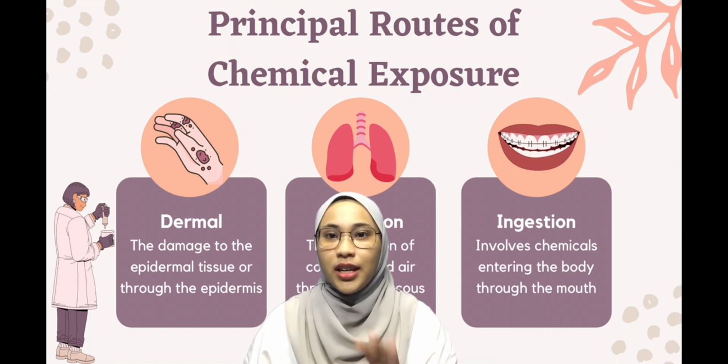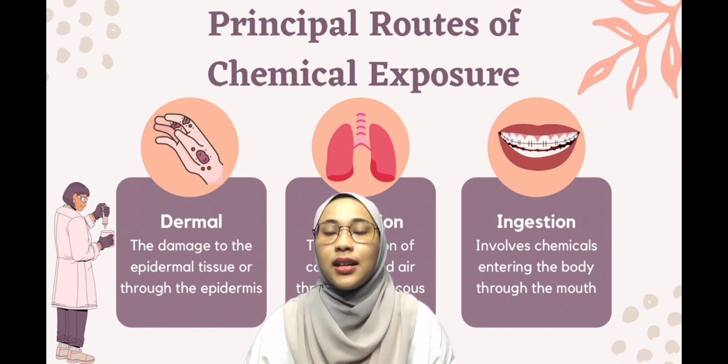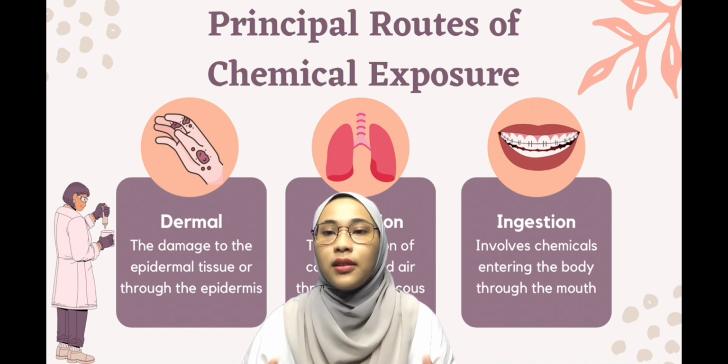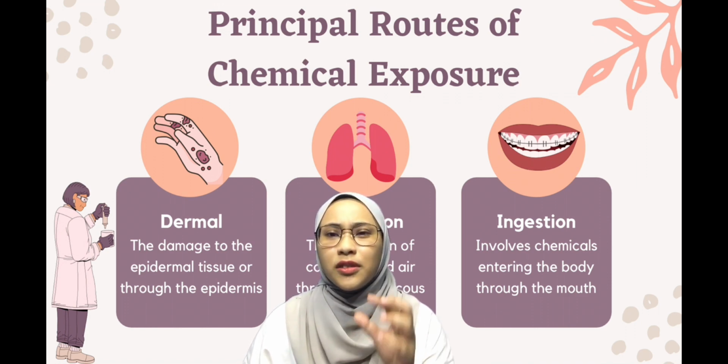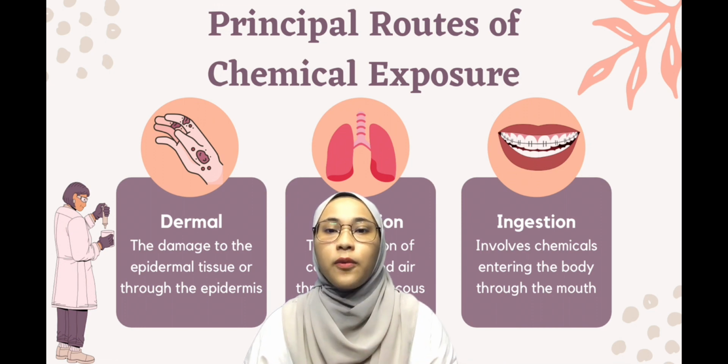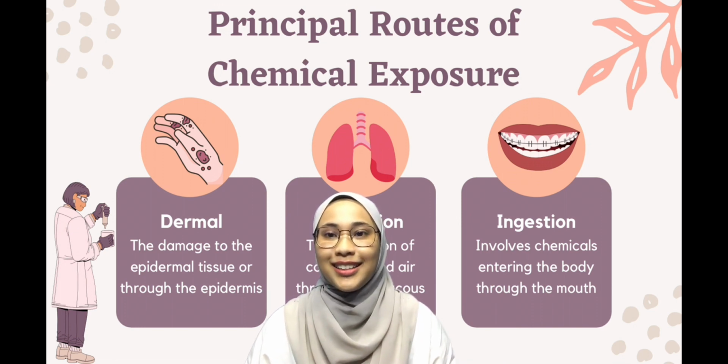Skin absorption, inhalation, and ingestion are all routes by which chemicals enter the body. The real health risk posed by a chemical is determined by its toxicity and the route of exposure. The toxicity of the substances and the potential entry routes will be used to determine what protective measures should be taken.